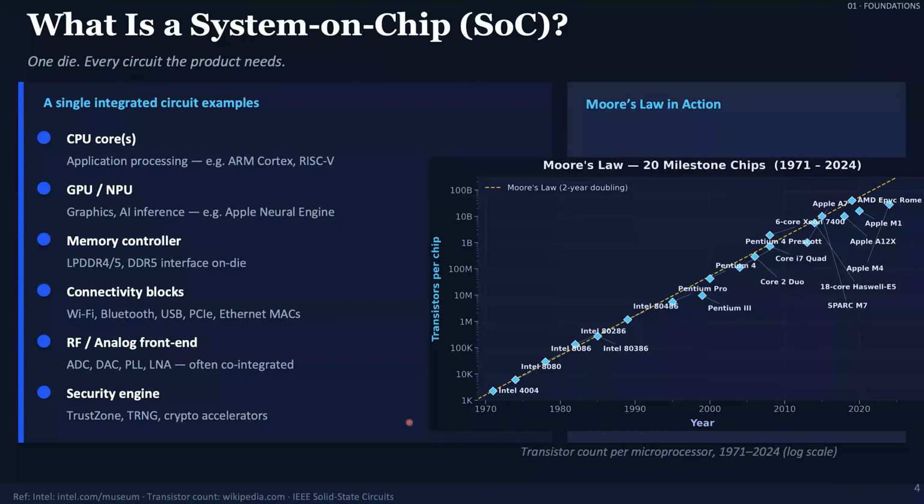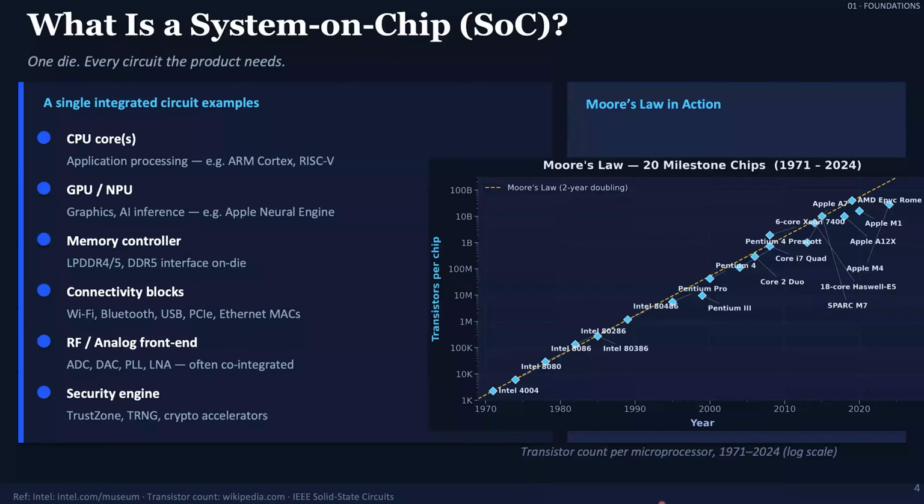From Intel's 4004 in 1971, which had about 2,000 transistors, to modern processors with tens of billions of transistors, that growth has made it possible to move from simple processors to highly integrated SoCs that now power everything from a smartphone to GPUs, XPUs, and AI accelerators.